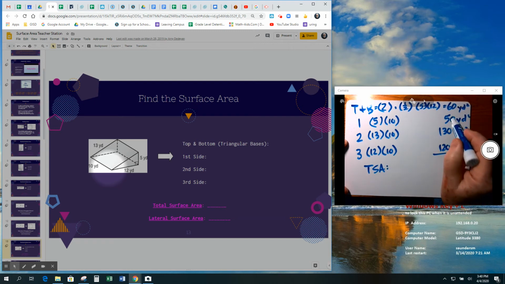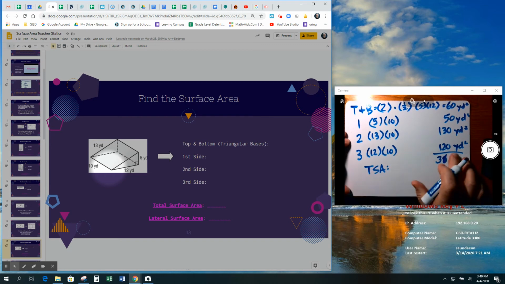So 50 and 60 is 110, plus 120 is 230, plus 130 is 360. So 360 square yards. That's my total, 360.